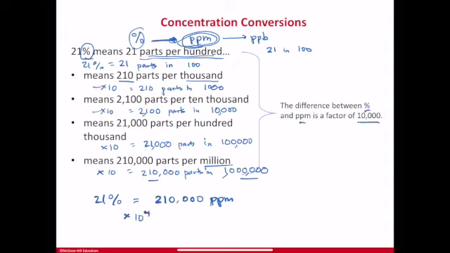I multiplied 10, 10, 10, 10 to the 4. And this is why when you have a low concentration, you would not have 21%, you'd have like 0.00021%. It's more preferable to have this represented in parts per million, and then you don't have to have all those zeros. 21% is a higher concentration, and it's preferable to represent this in percent because now we don't have all those zeros.